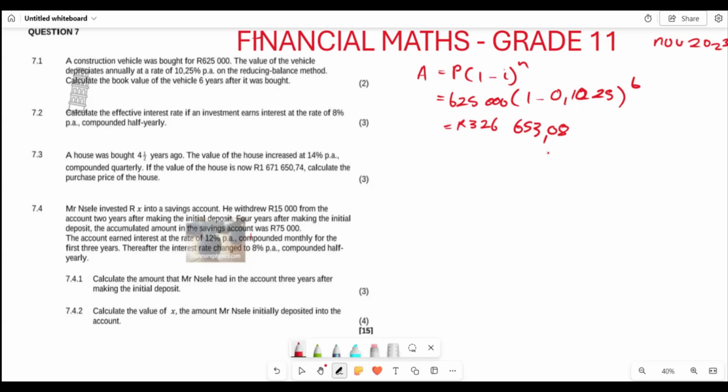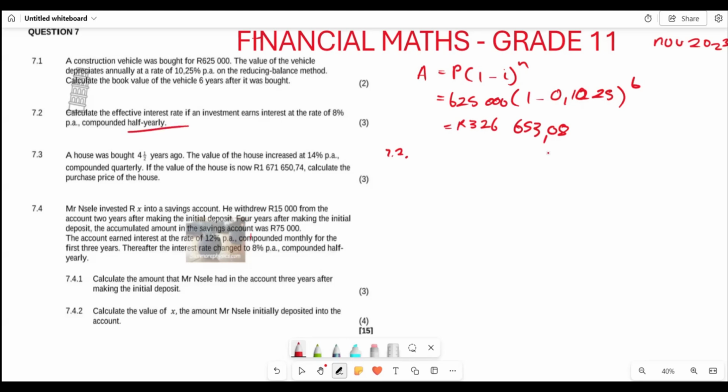Now, let's look at 7.2. In 7.2, they want us to calculate the effective interest rate if an investment earns an interest rate of 8% per annum compounded quarterly, right? As soon as we speak of compounded quarterly, it means it's going to be paid 4 times in a year.